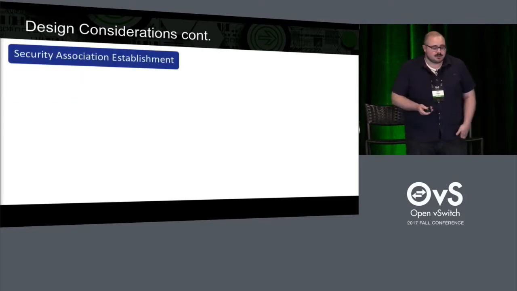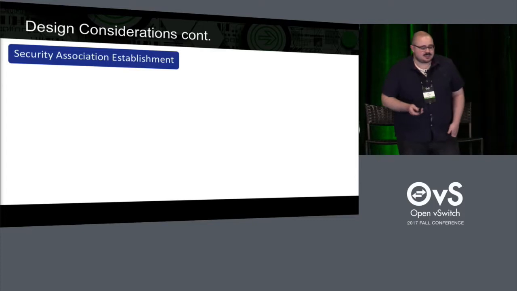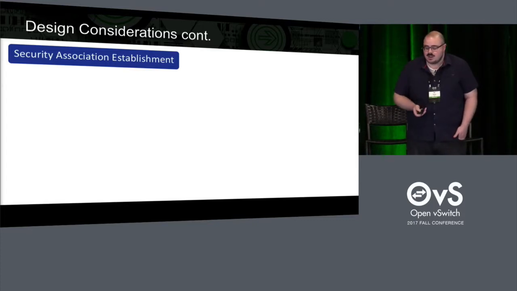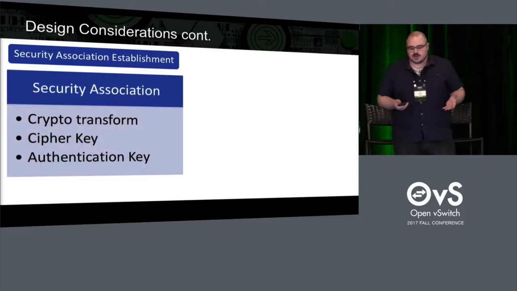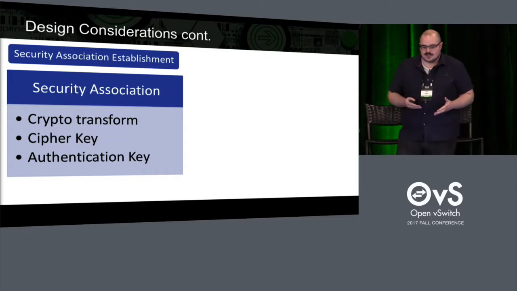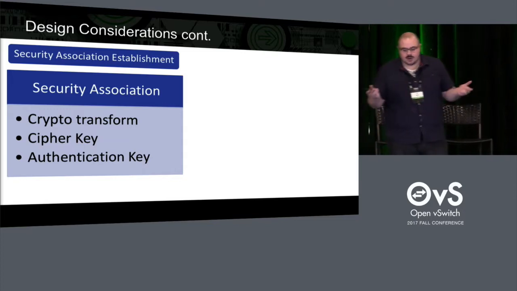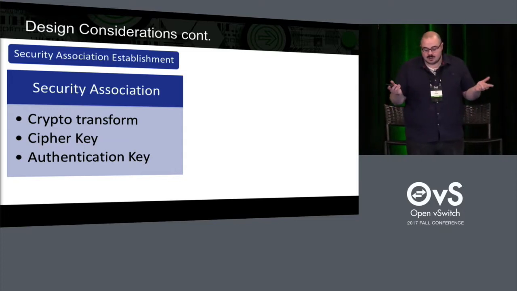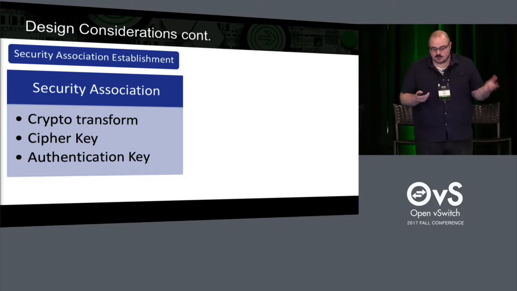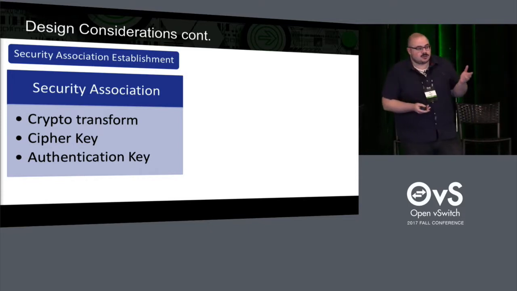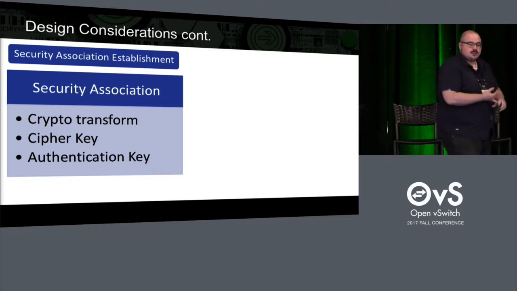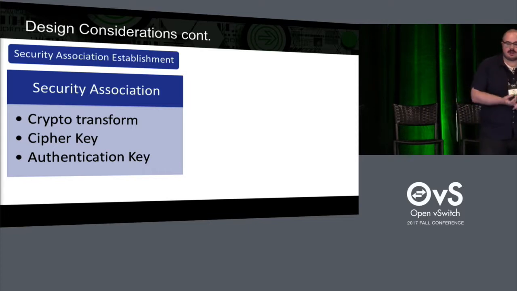Another simple, trivial one, but something we're thinking about how to do: security association establishment. I mentioned earlier there's a security association in IPsec. It's the glue that's holding things together. Between 2 parties using IPsec, each has a security association. This security association says, what are your crypto transforms? What cipher algorithm are you using?